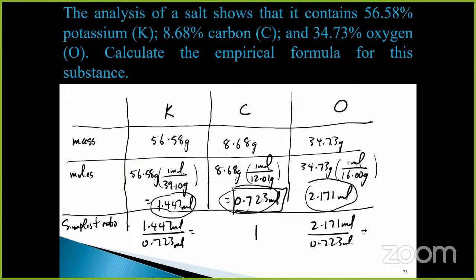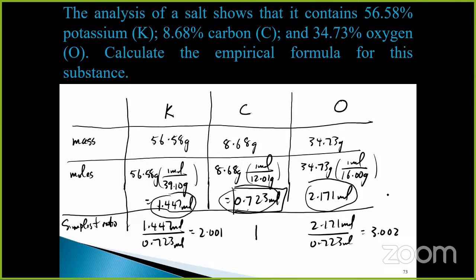So for the potassium, it's 1.447 divided by 0.723. And according to my calculation, this works out to be equal to 2.001. And then for oxygen, it's 2.171 divided by 0.723. And according to my calculations, this works out to be equal to 3.002.